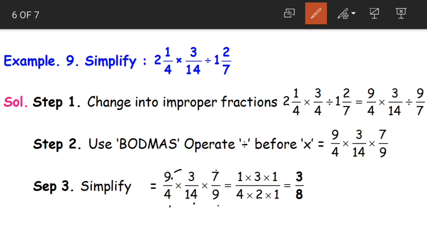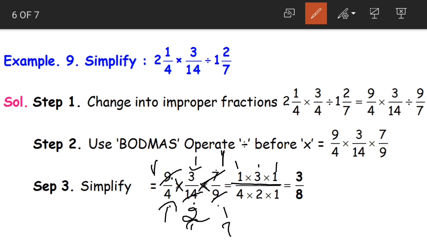If we observe the given numerators and denominators, 9 ones are 9 gets cancelled, 7 ones are 7, 7 twos are 14. So in the numerator we are left with 1 into 3 into 1, divided by, in the denominator, 4 into 2 into 1. 1 3s are 3, again 3 1s are 3.